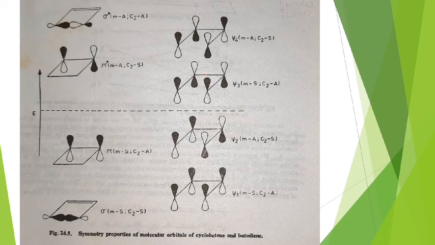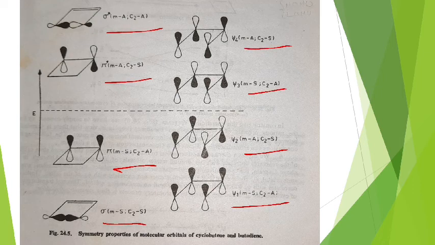So these are the symmetry elements of cyclobutene and butadiene which are to be remembered. Now write the correlation diagram for this.